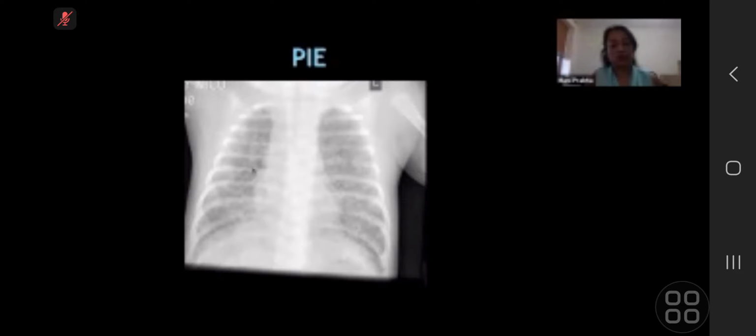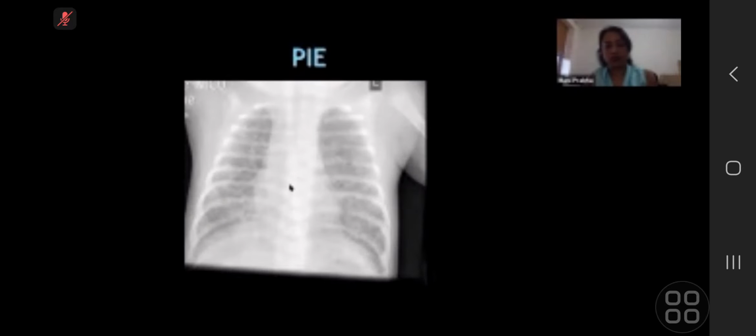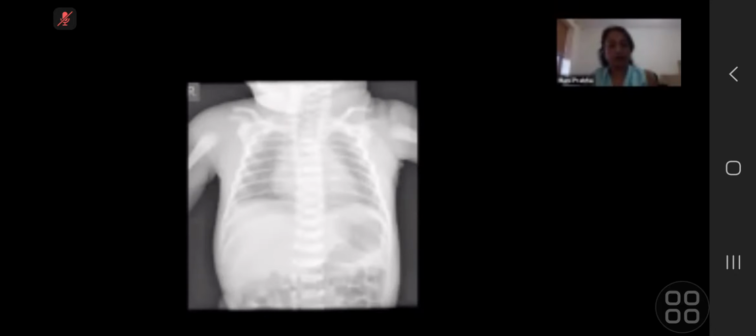In this case, we can see some lucencies, and they are bilaterally symmetrical. And if I show you the previous one, that's how it started actually. There were very subtle lucencies, and then it went on to this stage. And then if the settings are controlled, then they revert back. So I think this is the first X-ray of the patient.